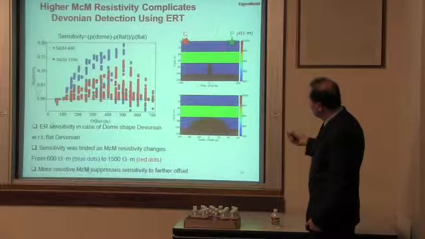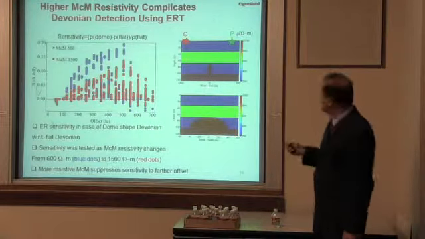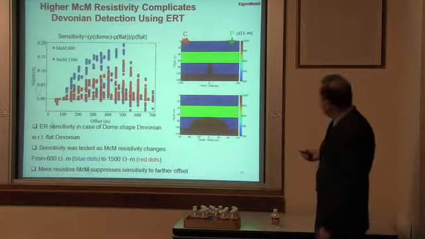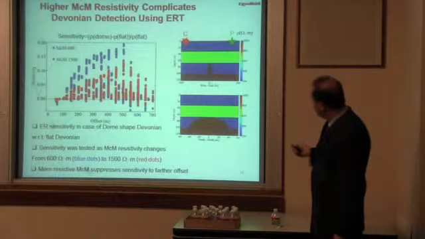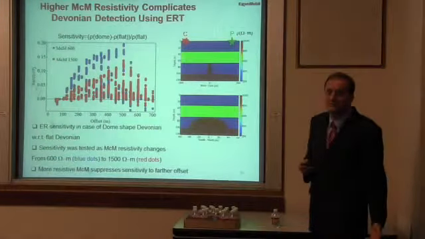And this cartoon shows how my model is. As you see here, I have some flat layers, and the bottom layer is where I have the Devonian, and this feature is a hemisphere with a radius of 40 meters.